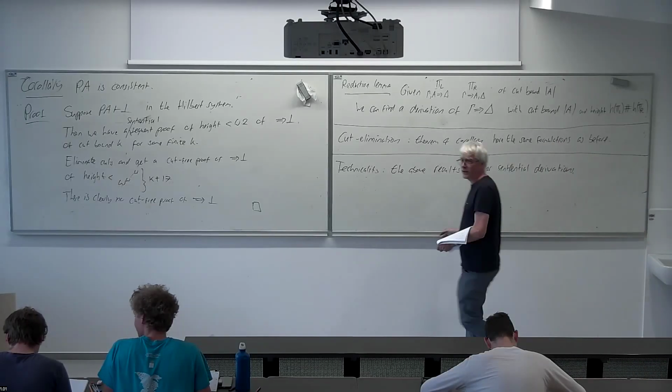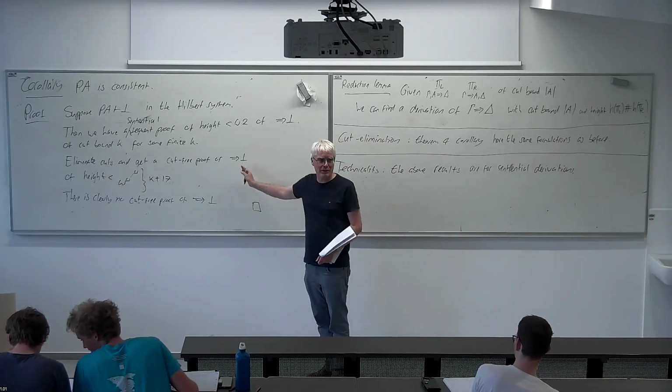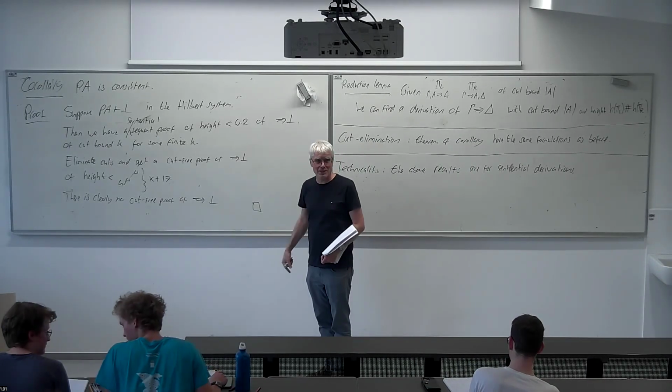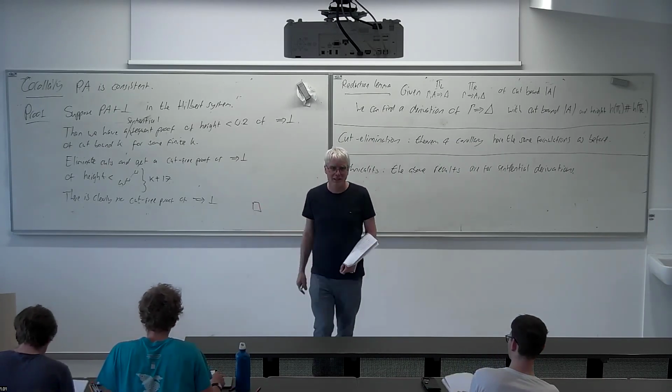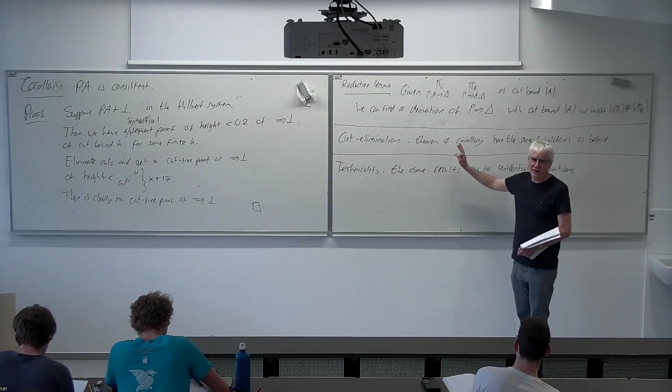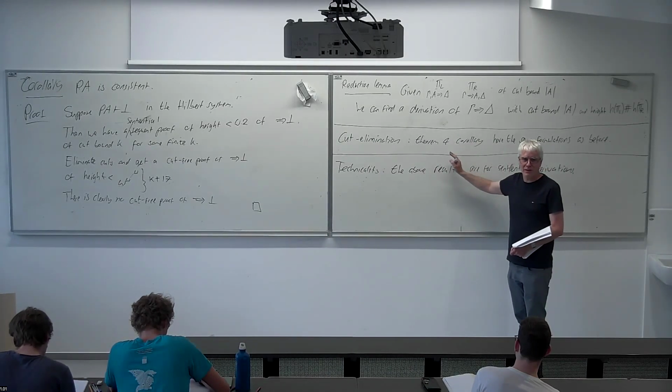So that's a proof that, of course, we can't formalize in Peano Arithmetic, because, assuming Peano Arithmetic is consistent, we cannot prove consistency in Peano Arithmetic. However, we can actually formalize quite a lot of it in Peano Arithmetic.